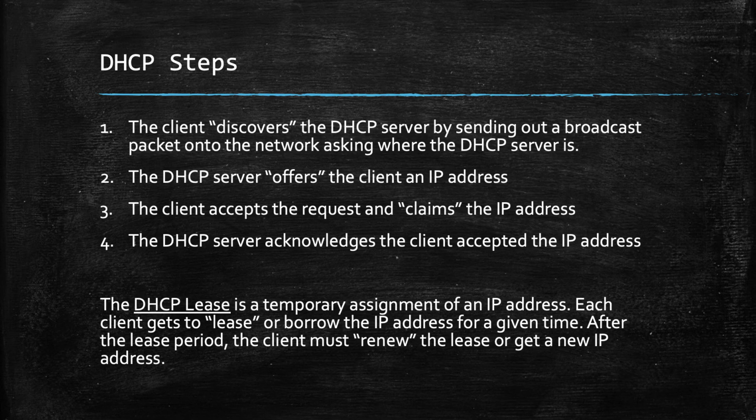Sometimes the lease is set to 1 hour or 2 hours or 8 hours, and after the lease period, the client must either renew that IP address or get a new IP address. The reason this happens is because it helps to free up IP addresses on the network. If these IP addresses are never released back into the network, every time you connect a new device, that IP address would never be usable again.